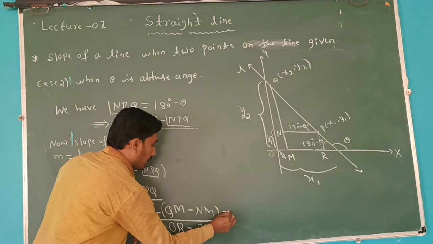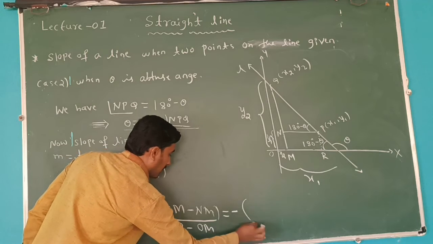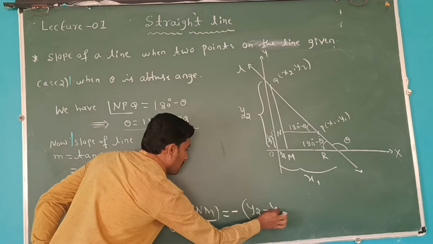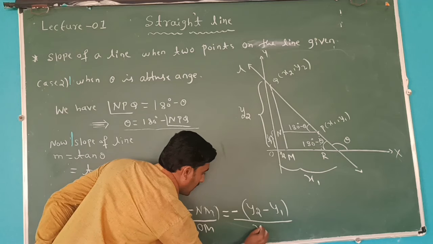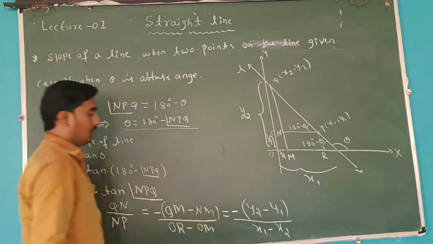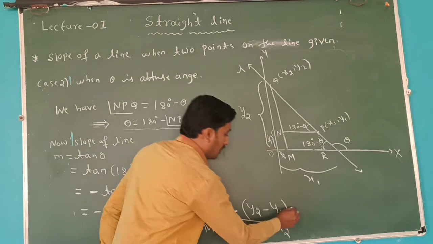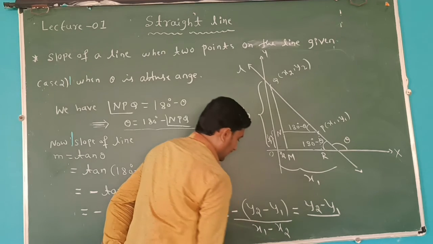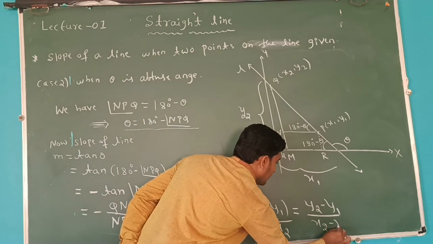This is equal to minus, which is outside. What is QM? y2, minus NM which is y1, divided by OR. What is OR actually? x1 minus OM, which is x2. So this is y2 minus y1 divided by x1 minus x2, which can be written as minus of x2 minus x1.